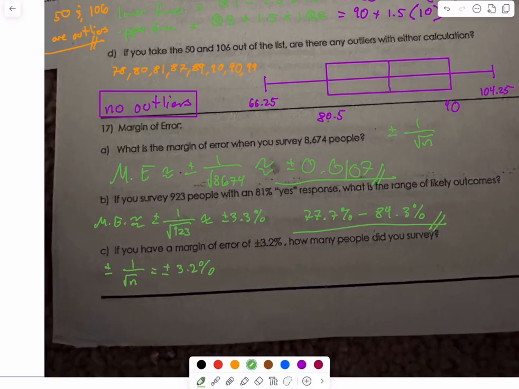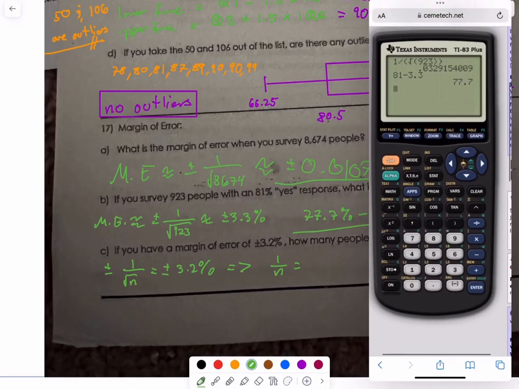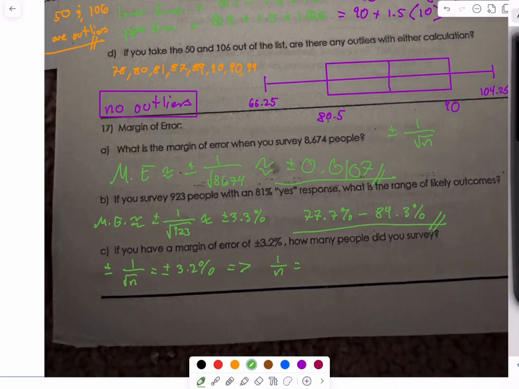Okay, let's see. If we square both sides, we'll have 1 over n. Let me think. 3.2 squared, 10.24.